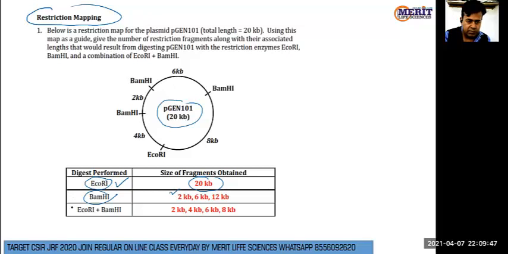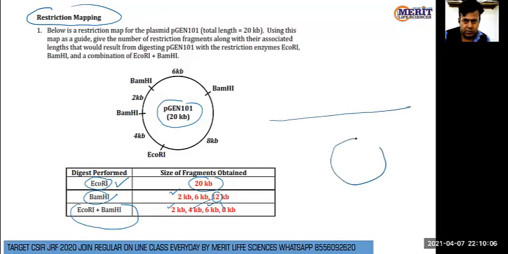And by both digestions, you can observe 2 kb and then 6 kb. And what is missing? That is 12 kb. So 12 kb is fragmented into 8 and 4. So first you have to make the linear combination, and then you can draw it into the circular combination.